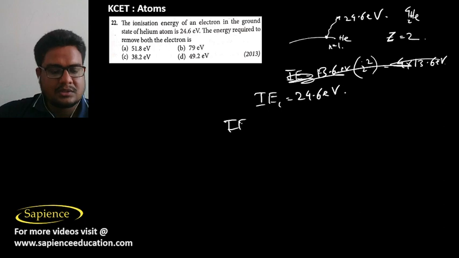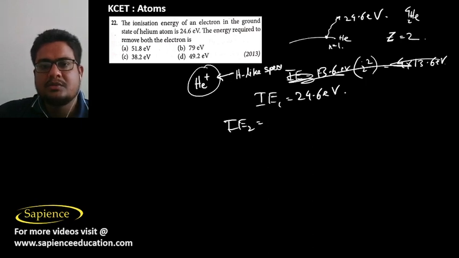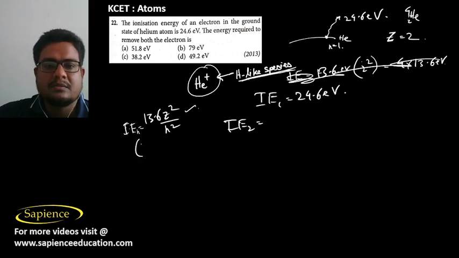So the second ionization energy of the helium atom: since it is in the He plus state, it is a hydrogen-like species, so the formula 13.6 Z square by n square can be applied. That can be applied only for a hydrogen-like species, since Bohr's atomic model can be applied only for hydrogen-like species.